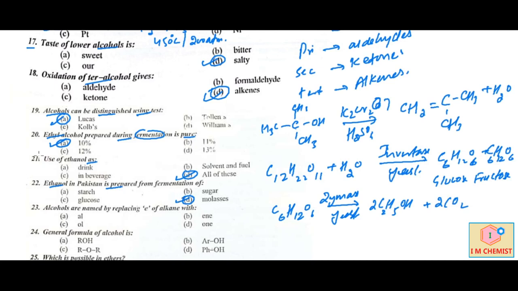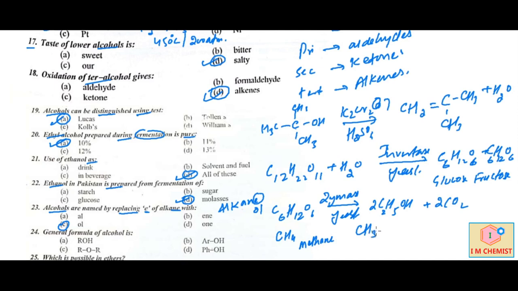MCQ number 23, that is from the nomenclature of alcohols. Alcohols are named by replacing the E of alkane with what? If you have an alkane, you have to drop this E and replace it with OL. So the right option would be option C. For example, we have CH4. This is methane.